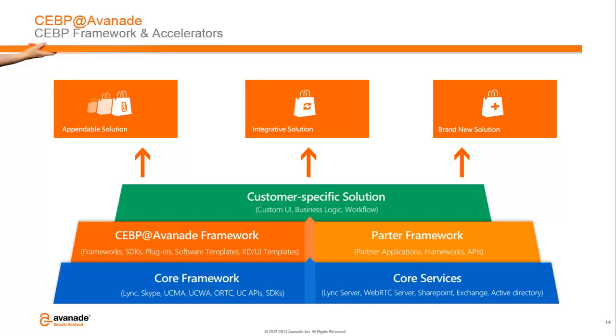We work with partners in certain industries to help deliver specific solutions in that industry, or service providers that can help work with our customers as well. And then we work with our customers to brand and customize the workflow of the application and how we deploy it to the end user. And so that's how we typically go to market today.